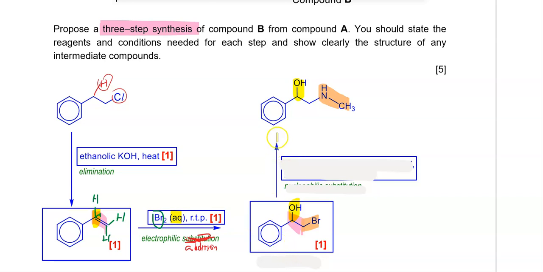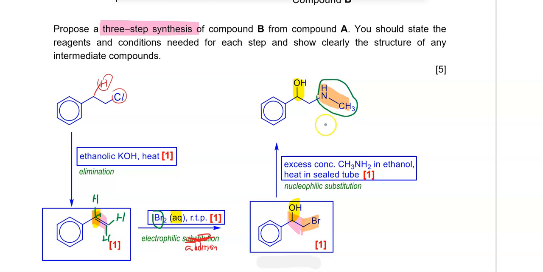And last but not least, the last step involves your nucleophilic substitution reaction. Your Br is replaced with an amine, okay, to form a secondary amine. In this case, the amine that we're looking at, if you look at the pattern recognition, we will not use ammonia, we will use CH3NH2.